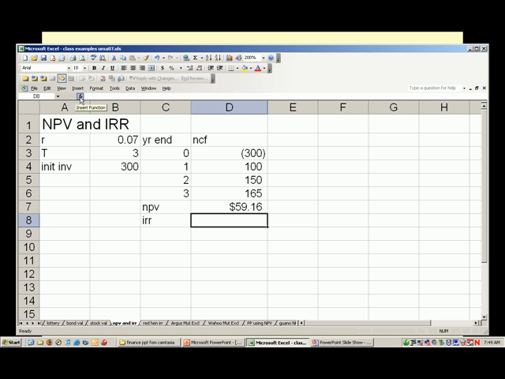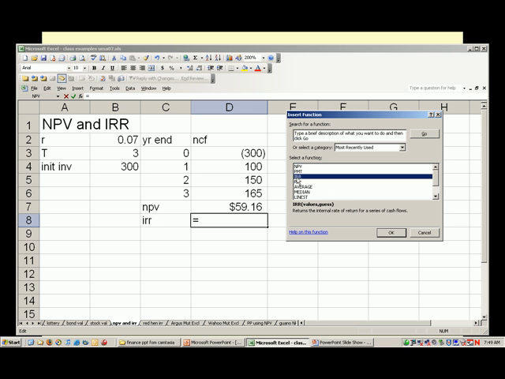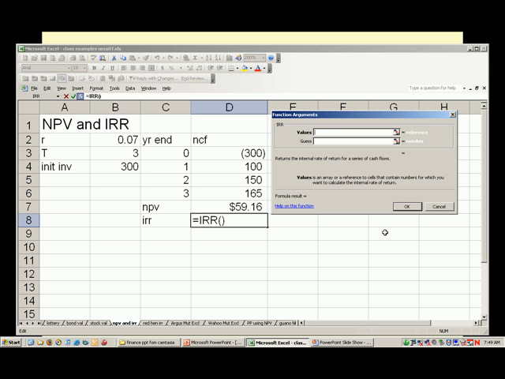Once again, we go to the function wizard, and now we're looking for a new financial function, IRR. Let's invoke the IRR function. The IRR function has really only one argument that you need to use, and that is the cash flows that start in year 0 and go out to the term of the project.